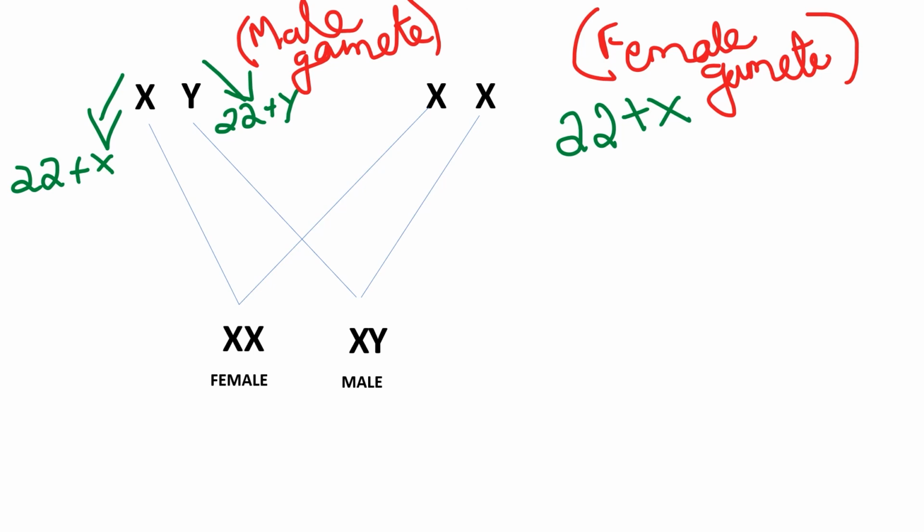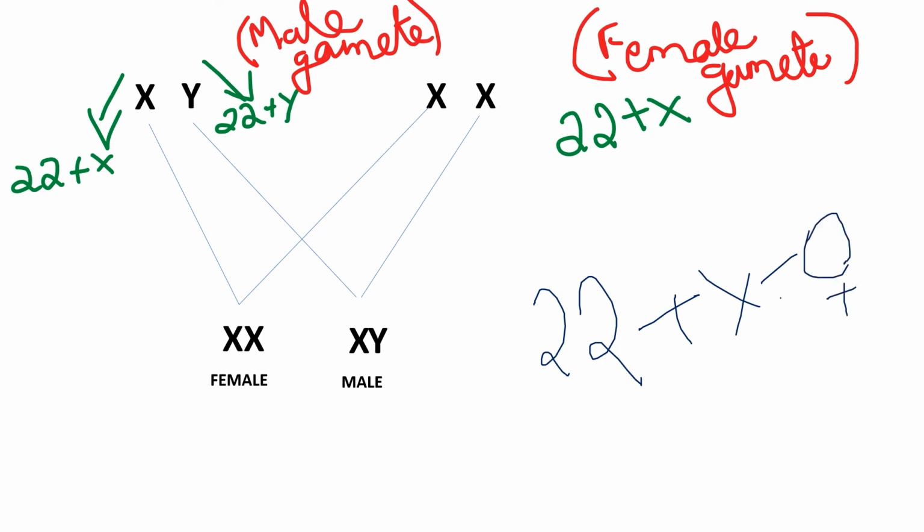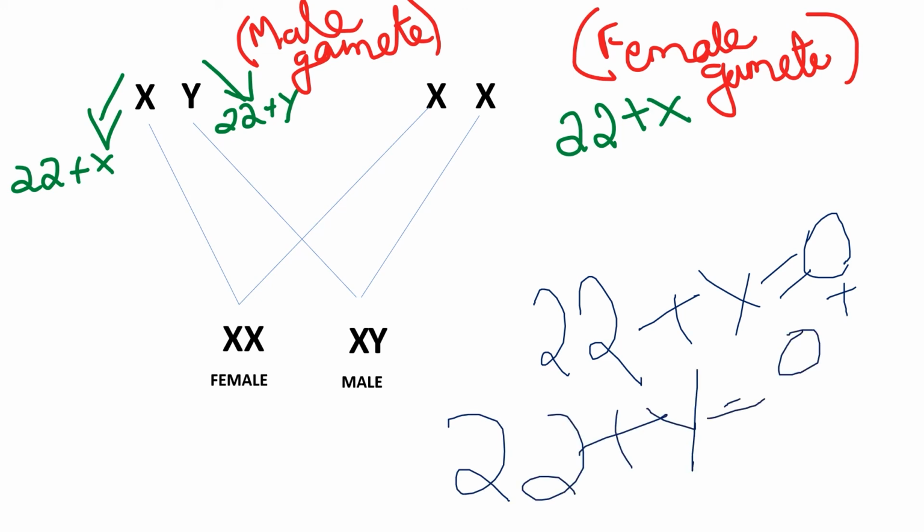When the fusion takes place, 22 plus X means it is a female child, right? 22 plus Y will give rise to a male child. That too when it fuses with the female gamete. So what we understand is the sex chromosome contributed by the male gamete decides the future gender of the child.